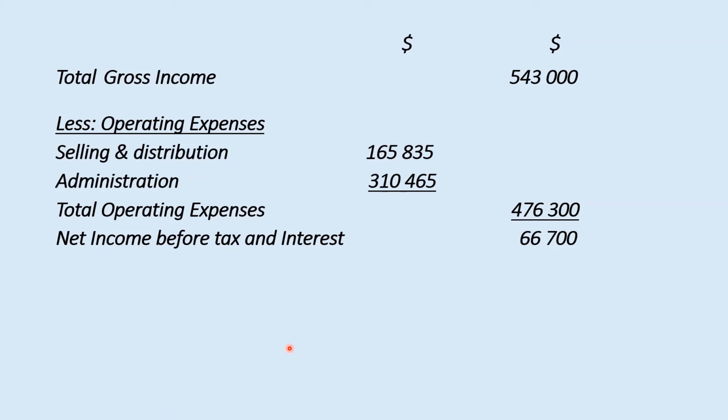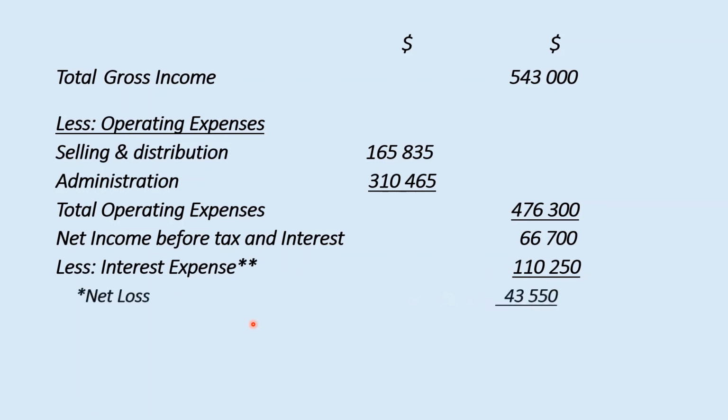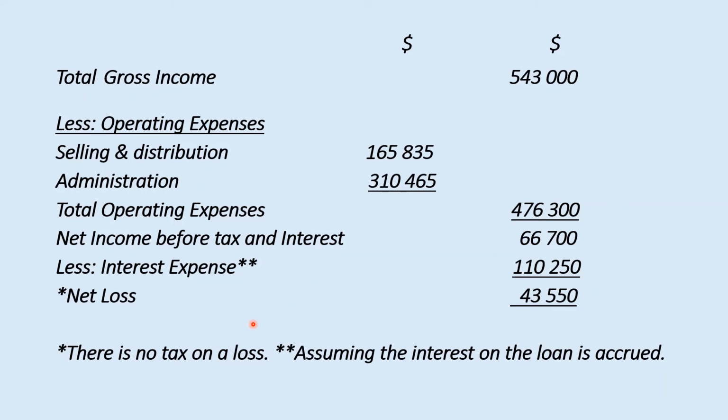Now, depending on how we interpret the loan, we will proceed from here. If we take the loan as the interest being accrued, then we will have to minus the interest here, and that is 110,250. So we end up with a net loss of 43,550, and you don't pay taxes on a loss, so you can't take 25% of this.